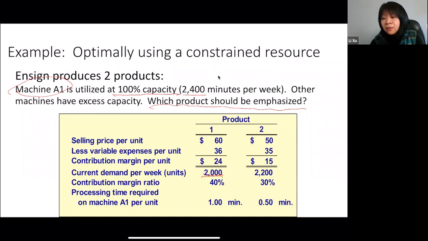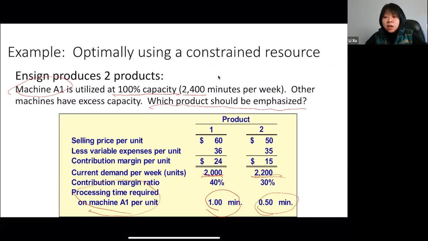This is the demand from the customers. And to process 1 unit of product 1, it takes 1 minute of A1 time, and half a minute of A1 time for product 2. This is important to know because this is the constraint.